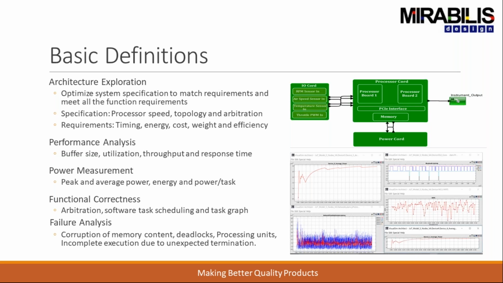Power measurement is related to the amount of power consumed per task or power per device, or even looking at spikes in terms of shocks. Failure analysis is about analyzing the data and finding the cause of the failure. The functional correctness is about how to schedule your system. It can be at RTOS level, even at processor pipeline.